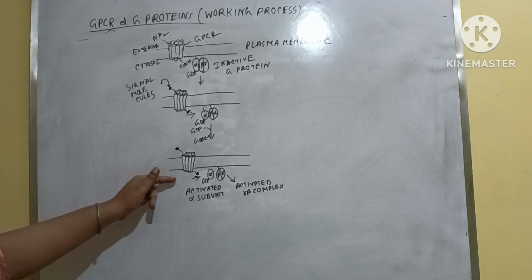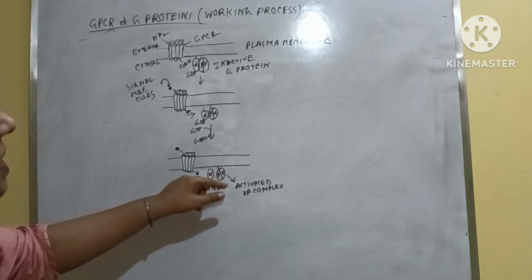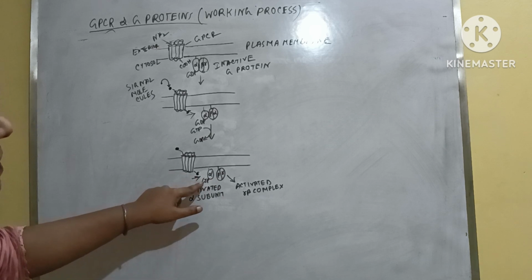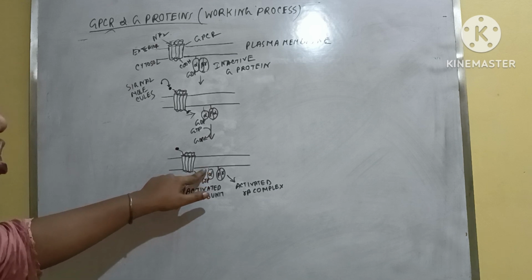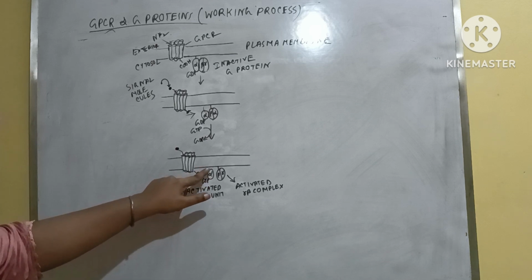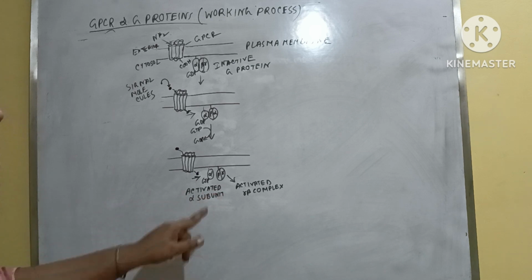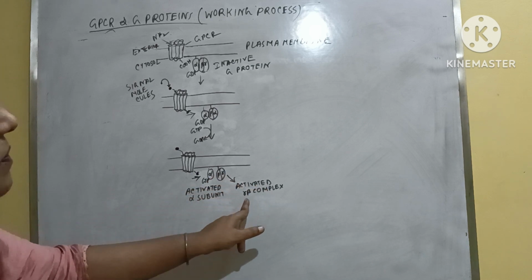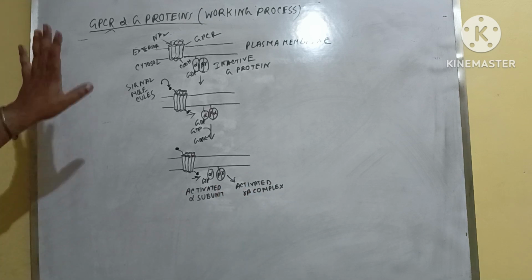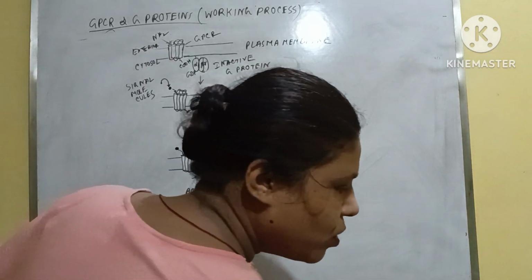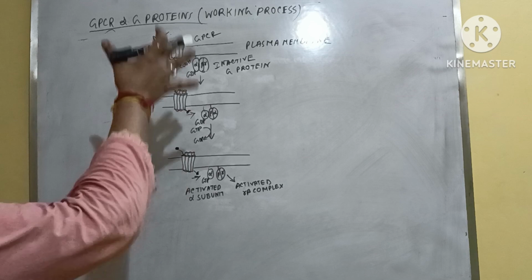But in the next step you can see that alpha is separated from the beta gamma complex because GTP is there in that situation, and that's why GTP is attached to alpha and forms the GTP alpha complex, and this is the activated alpha subunit, and now this is also the activated beta gamma complex. So in that way GPCR and G protein both are activated. Clear? So this is the very rough structure.